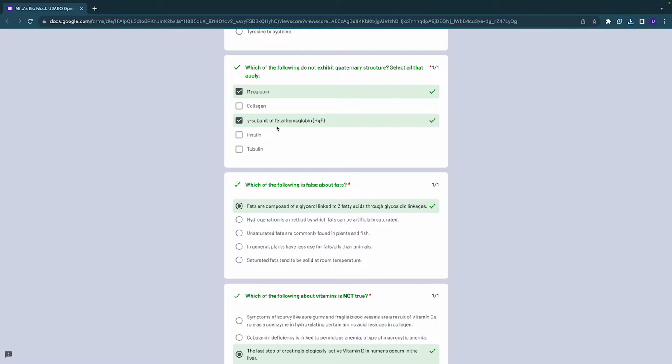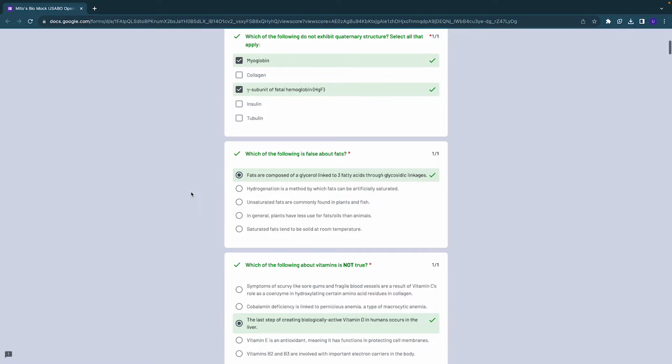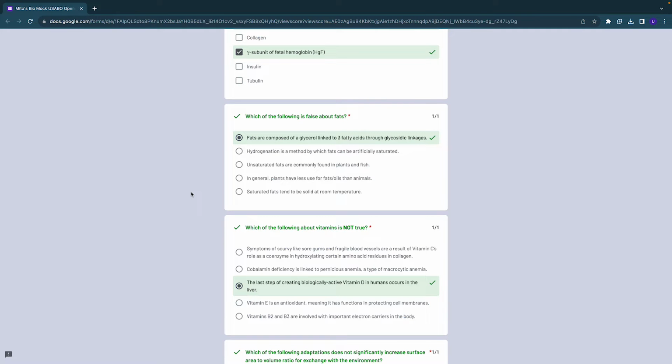The gamma subunit of fetal hemoglobin, that's just one subunit, so technically no quaternary structure there. Insulin is made of multiple chains, and tubulin is a dimer of alpha tubulin and beta tubulin.